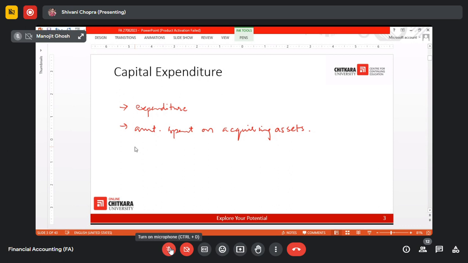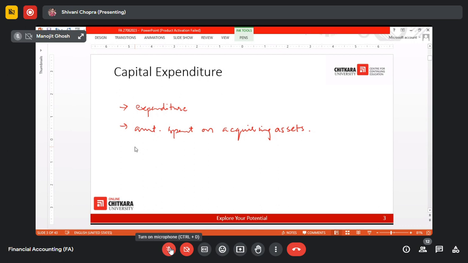Revenue recognition or realization? No, I'm actually referring to the matching concept. What is the matching concept? This year's expenditure should be recovered from this year's revenue, or we should match the current year cost with the current year revenue. This is the concept we use when we talk about the matching concept.